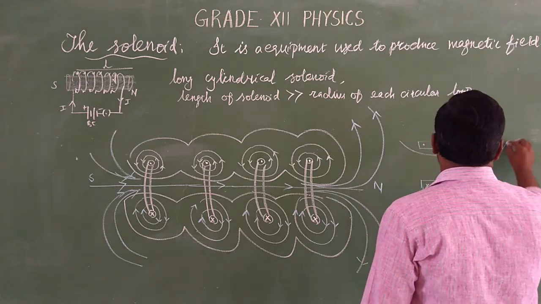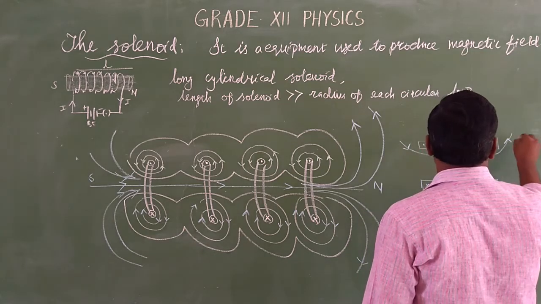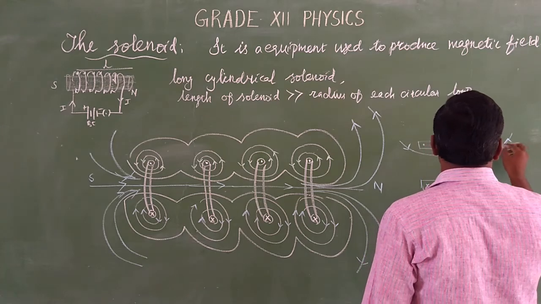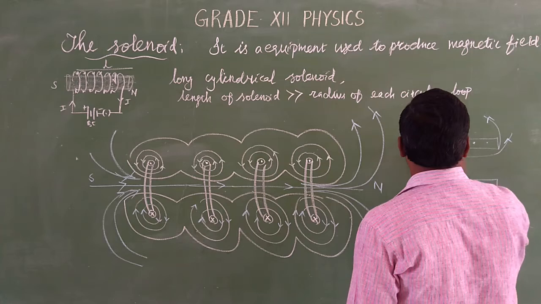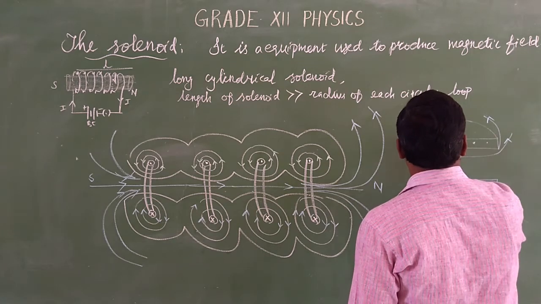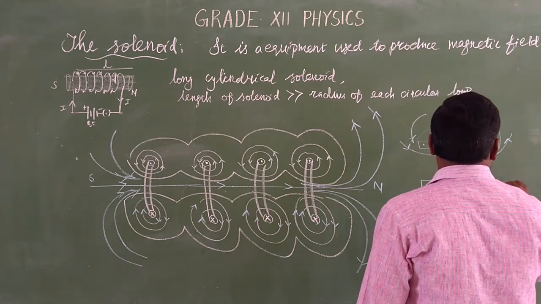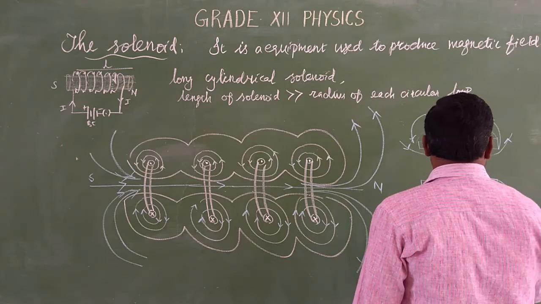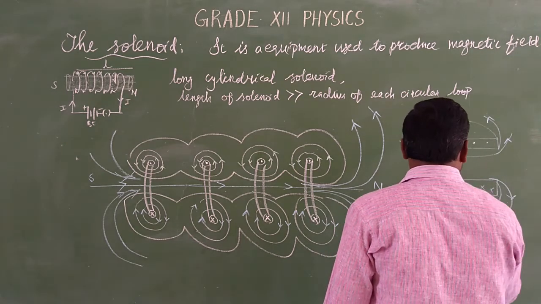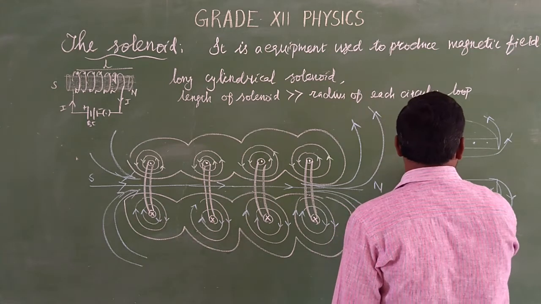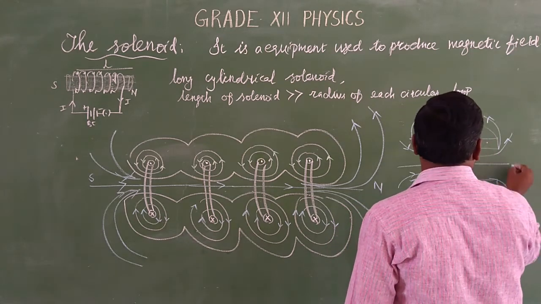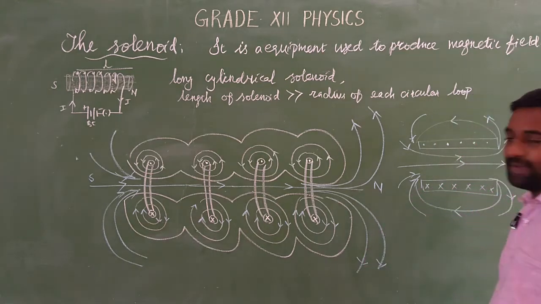So the field lines go from south to north internally, and externally from north to south. It is a uniform magnetic field.